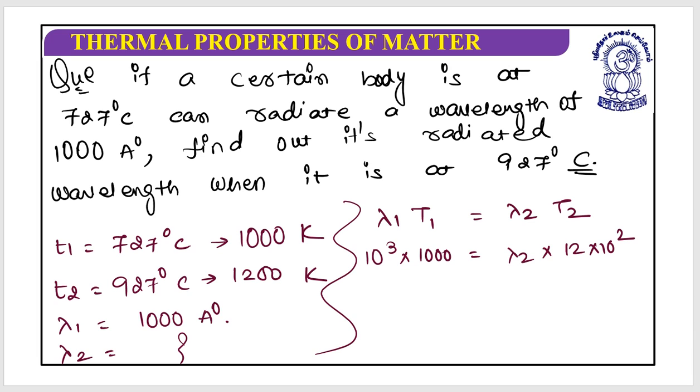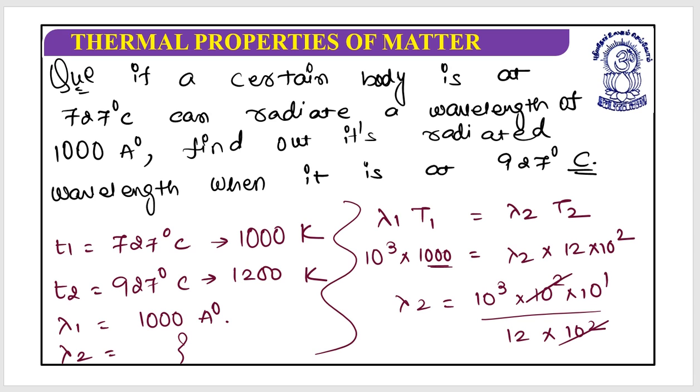So lambda 2 is equal to 10 to the power 3 into 10 to the power 4 divided by 12 into 10 to the power 2. This cancels, and this is 10 to the power 4 divided by 12 Angstrom.